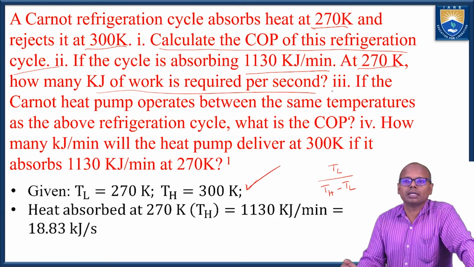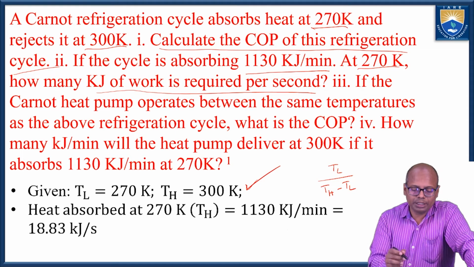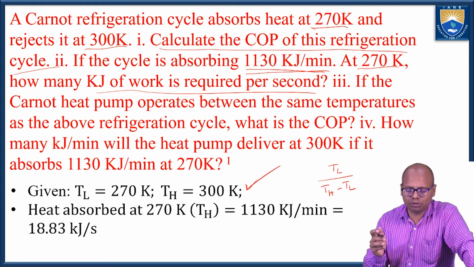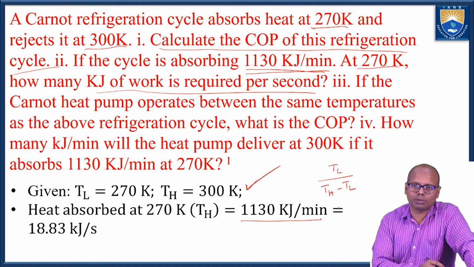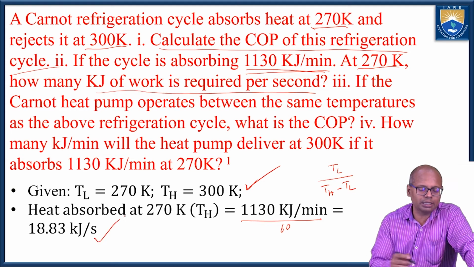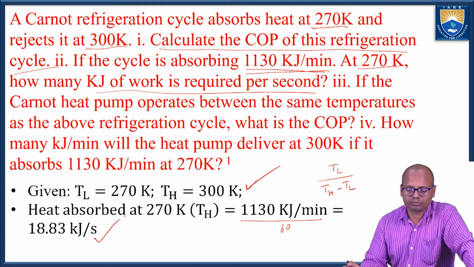The heat is being absorbed at 1130 kilojoule per minute, and we need it per second. So kilojoule per minute is to be converted into kilojoule per second. I have to divide it by 60 because 1 minute is equal to 60 seconds. If I do that, I will get it per second.